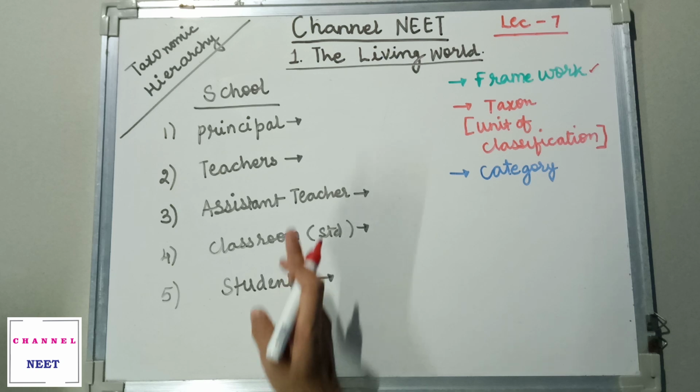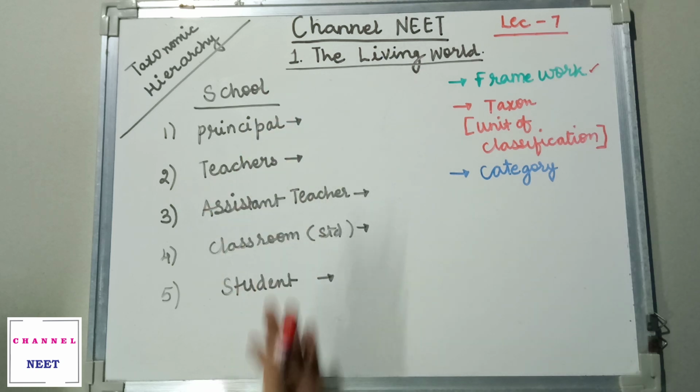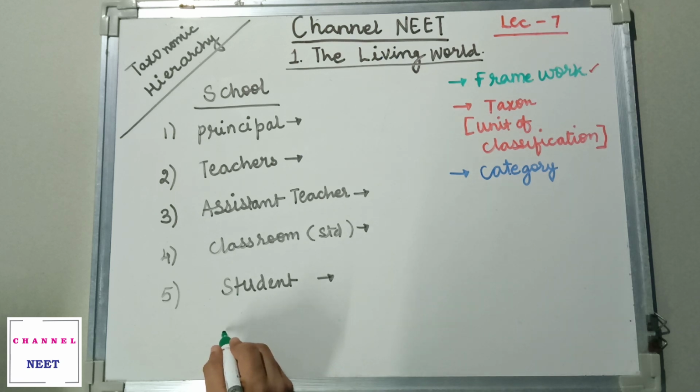So these are the framework for the school. Now understand what I mean to say by the word category. I just mention a word here which you call the category. Now I write here a word which is known as category.